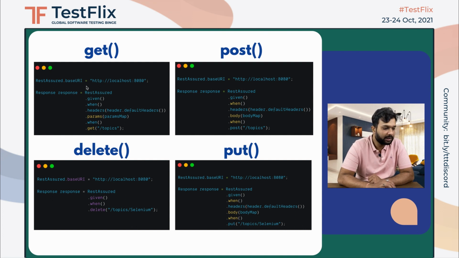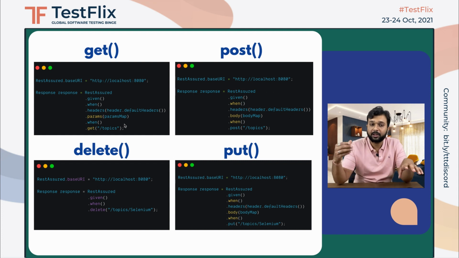So as an implementation here, for all the methods, first I am specifying the base URI. Later on, based on the HTTP method, I have to provide a name such as get, post, put and delete. REST assured works on the BDD concept, so the syntax is given, when and then. In given we provide headers or parameters if it is a get method.